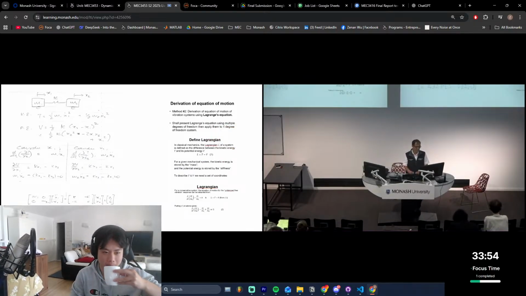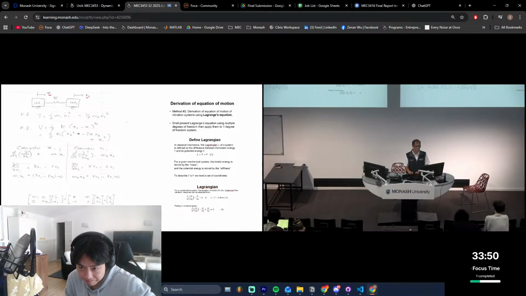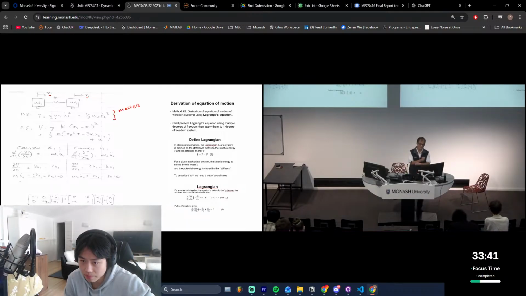Now the equation of motion is actually quite simple. I'll use Lagrange equation because I have x1 and x2 as my generalized coordinates. I know that as far as the kinetic energy is concerned, it is the masses that will store the kinetic energy, and in this case it will just be half m1 x1 dot squared, and then for m2 it will be half m2 x2 dot squared.